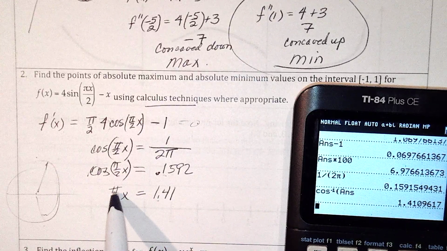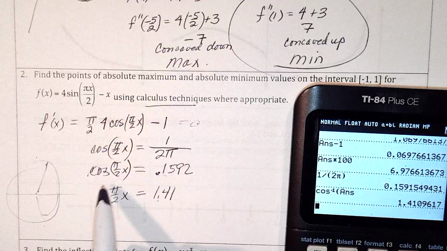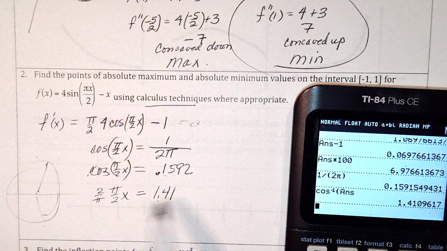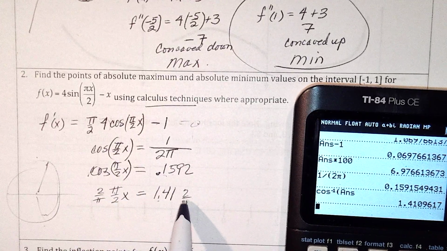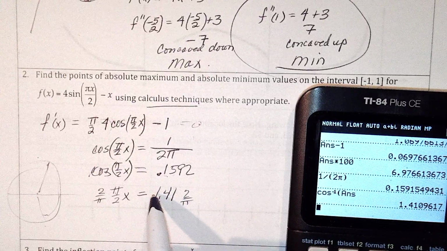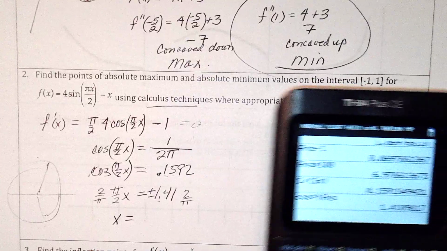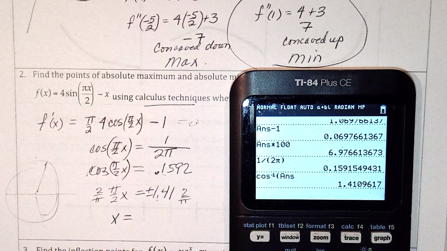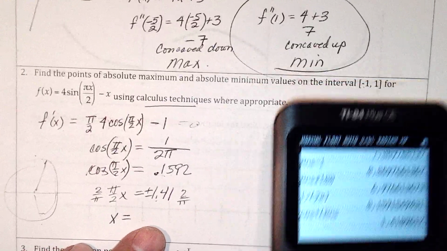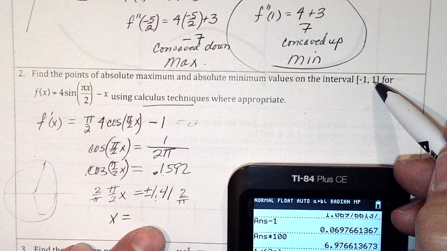And then I have to multiply both sides by 2 over pi. It happens at plus or minus this angle, so I get x equals, and then there's multiples also, but I'm just going to get these two because I'm between -1 and 1.